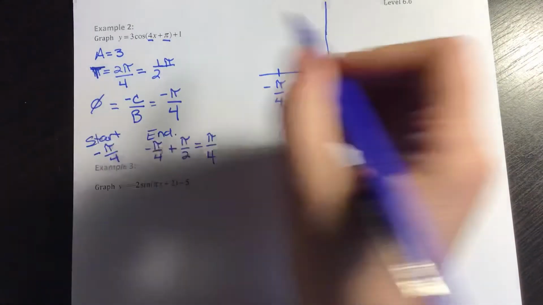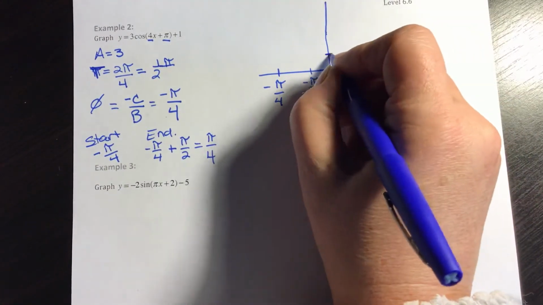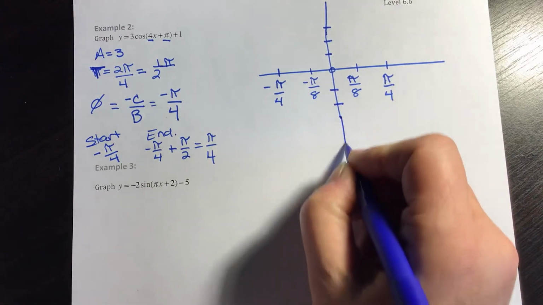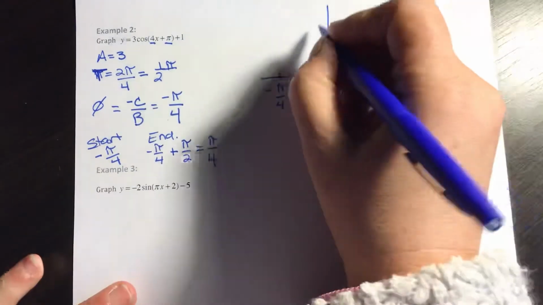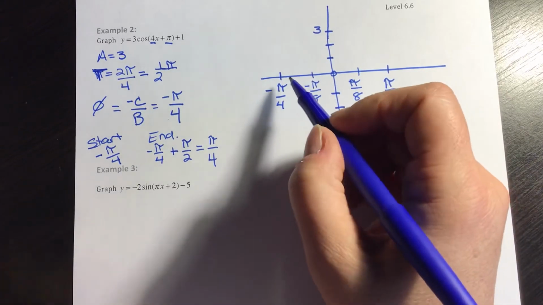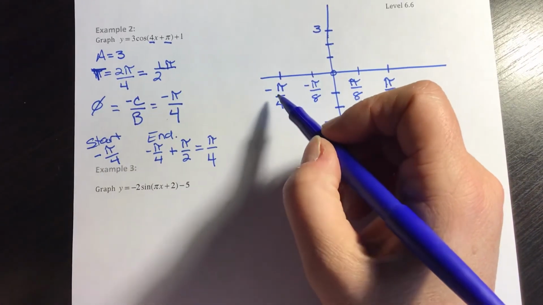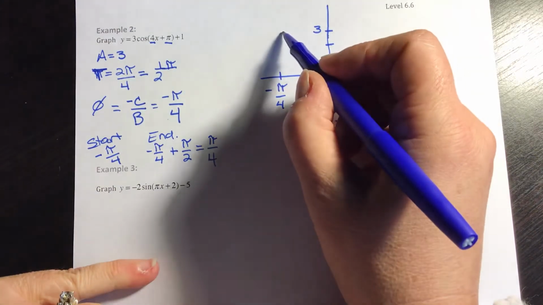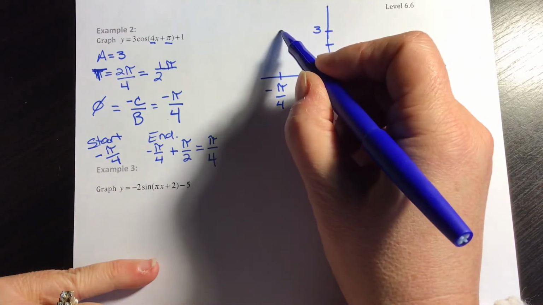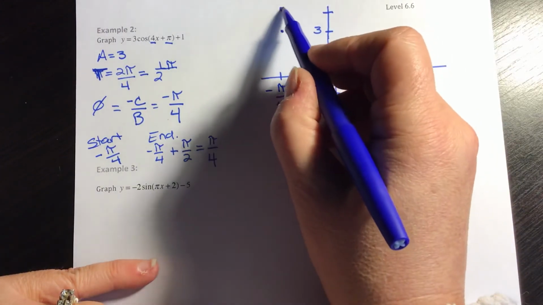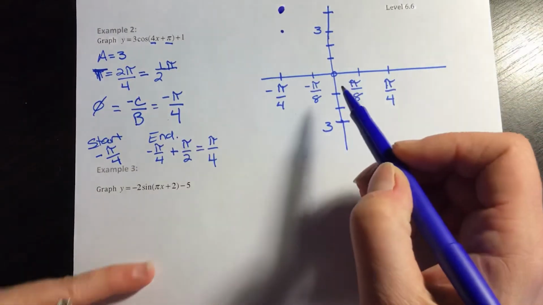Now my amplitude, I swear I get it wrong every time, is 3. So if I'm looking at cosine, I'm going to start at 3, but I'm actually going to move this up 1. So this is my point.